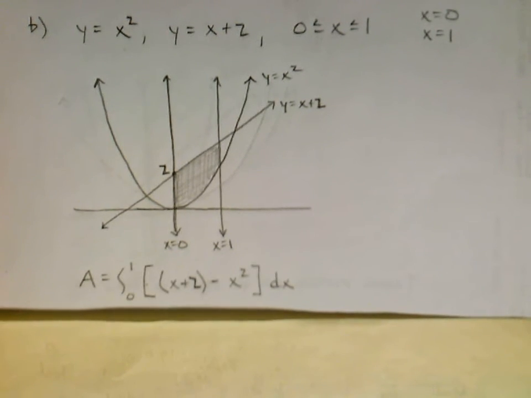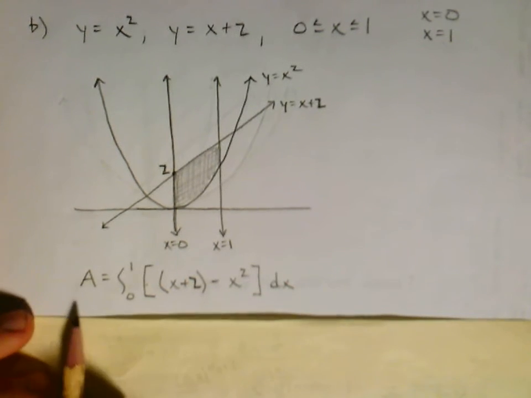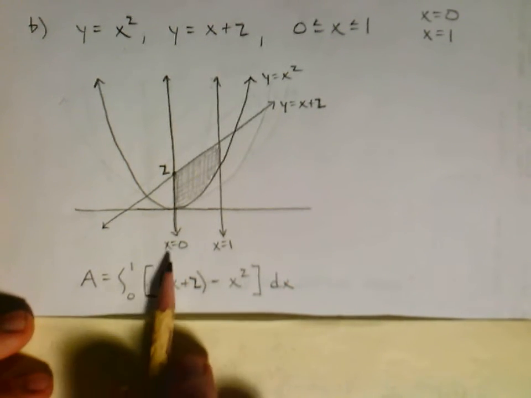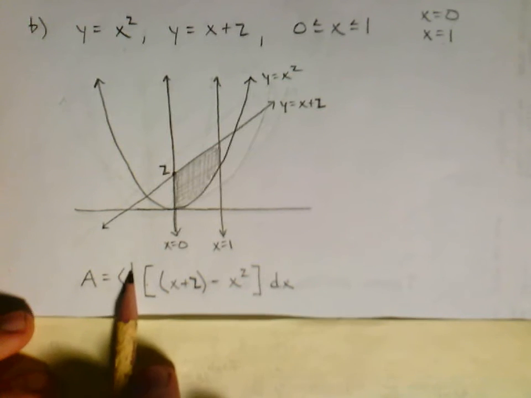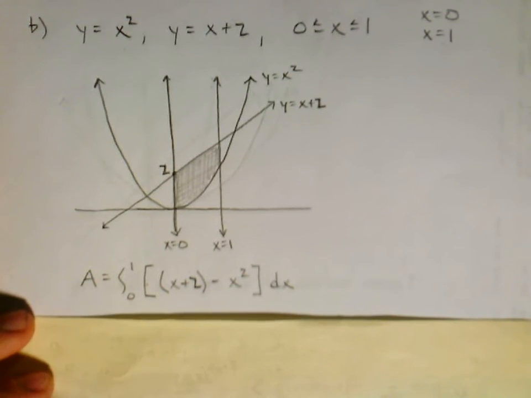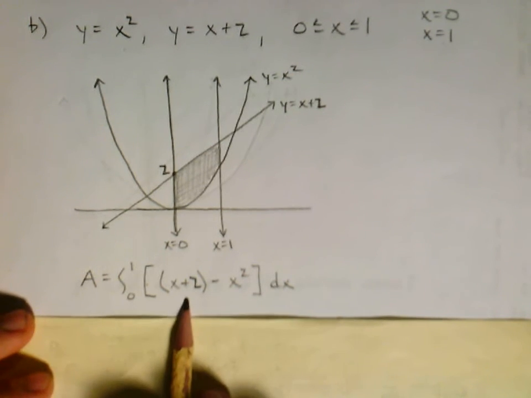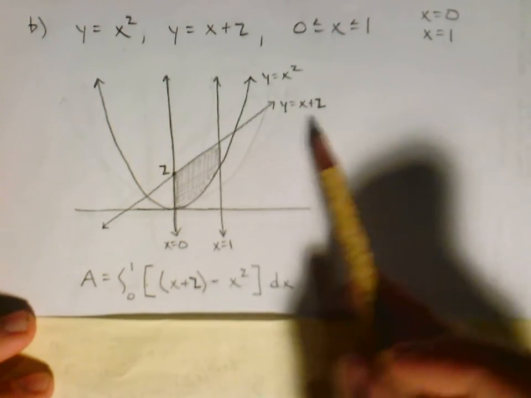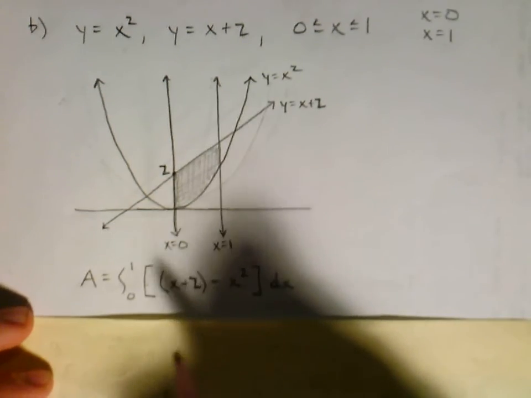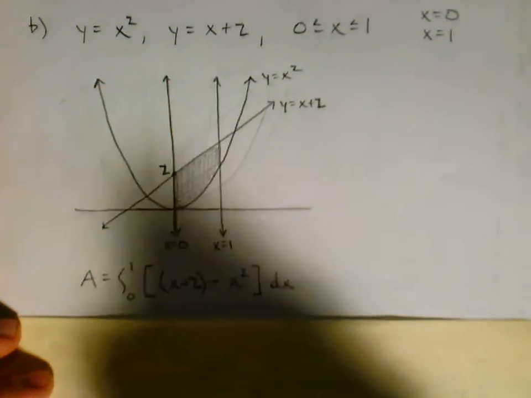So here it is. Area equals, well, I'm going from 0 to 1 on the x, starting point, ending point. What's on top? It's actually the line that's on top. So x plus 2 minus x squared.